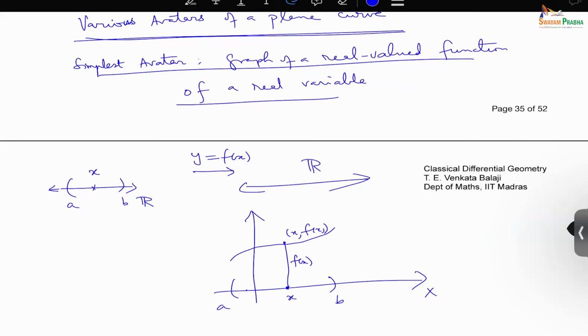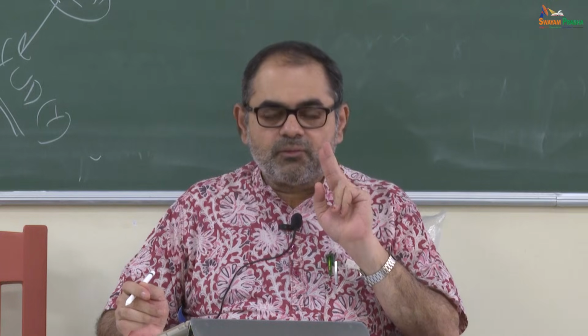So the simplest avatar of a curve is just the graph of a real valued function. Now I am going to look at this with respect to one very important property. When we did this derivation for the curvature, we had assumed a couple of things.